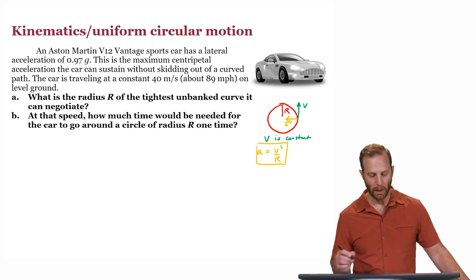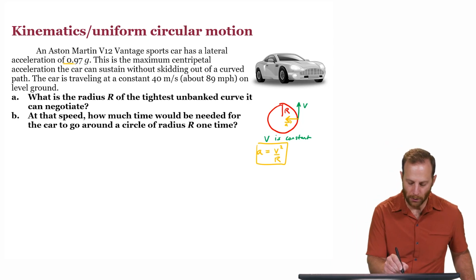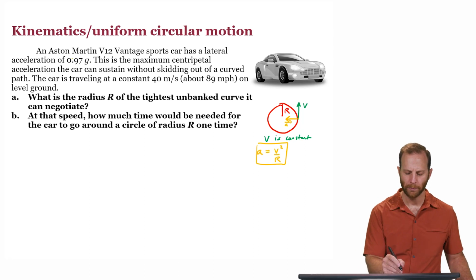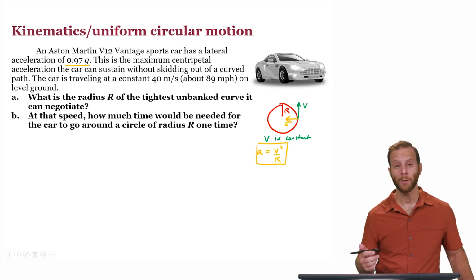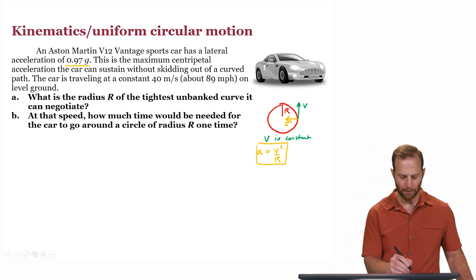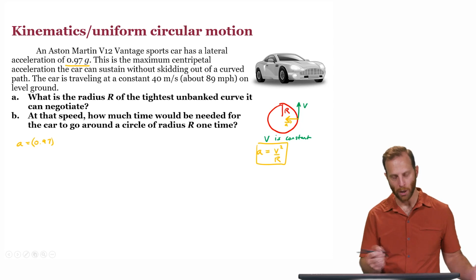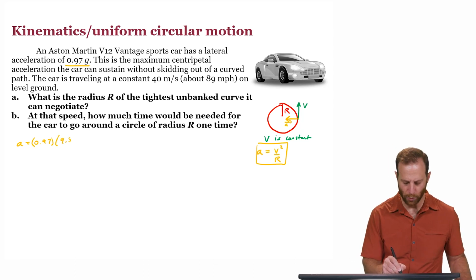We also need to realize that the acceleration is given by this value of 0.97 g. In other words, almost 1 g of acceleration. That means the acceleration is literally 0.97 times the value of g on Earth, being 9.8 meters per second squared.